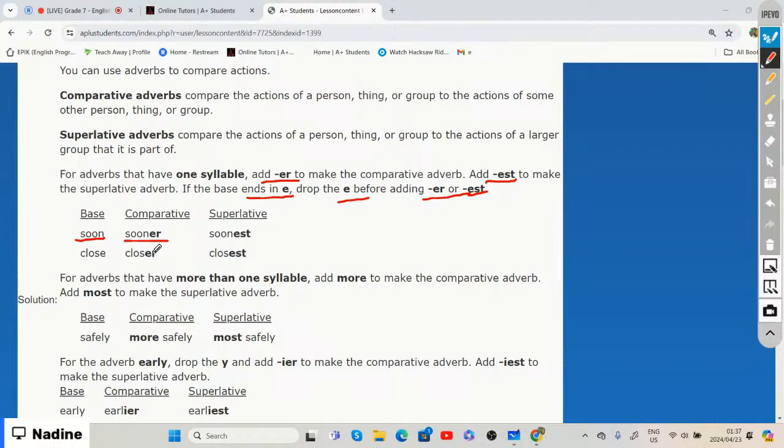All right, so if we compare it to one person only, then we can say sooner, but as soon as we compare it to more than one person, we say soonest.